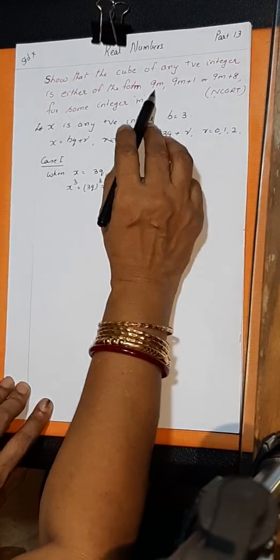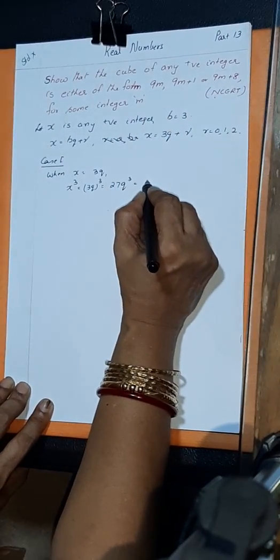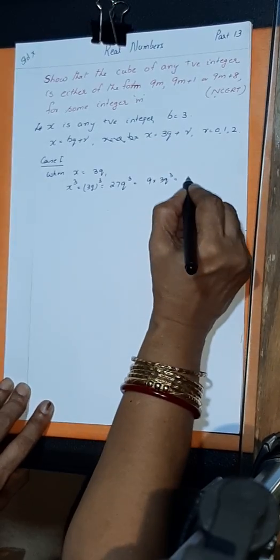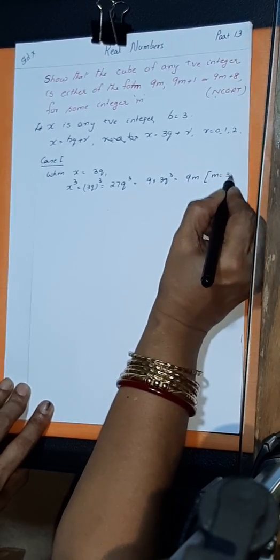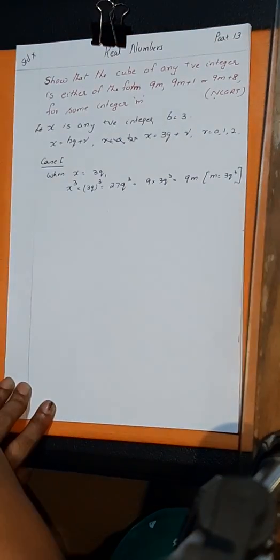We have to write it in the form of 9m or 9m plus 1 or 9m plus 8. So we can write it as 9 into 3q cube. So that is equal to 9m, where m is equal to 3q cube. So we got this format as 9m.